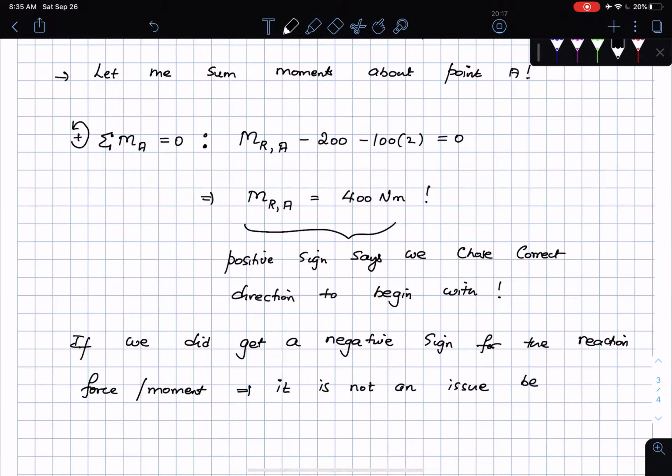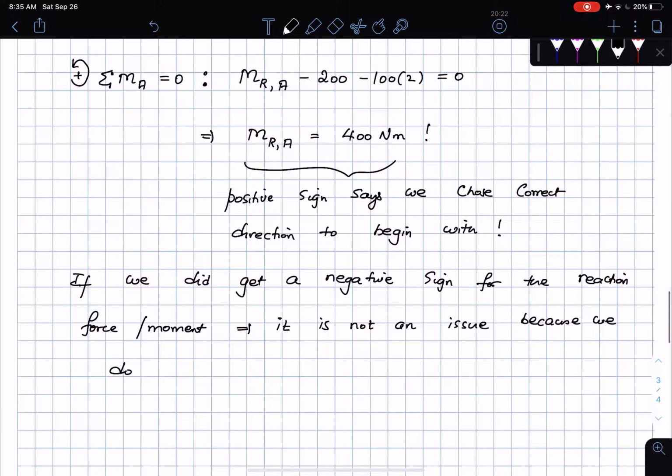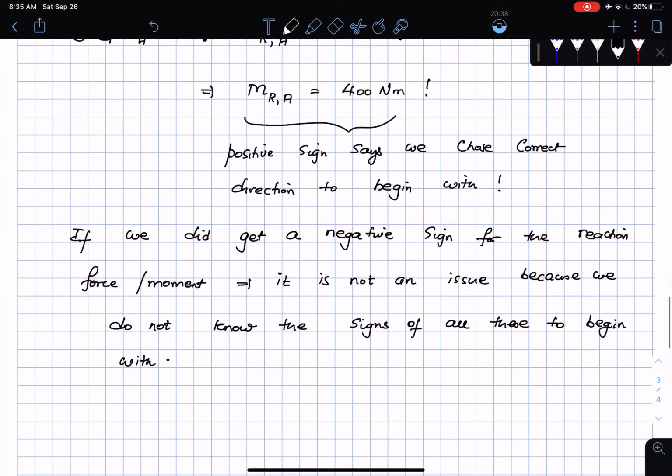We do not know the signs of all these to begin with. And we let the equations of equilibrium tell us what the signs are.